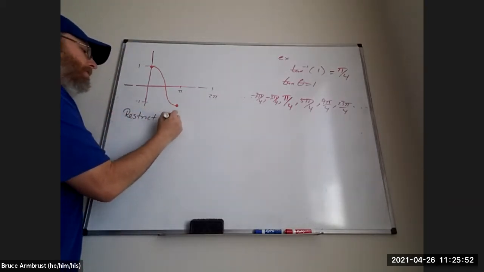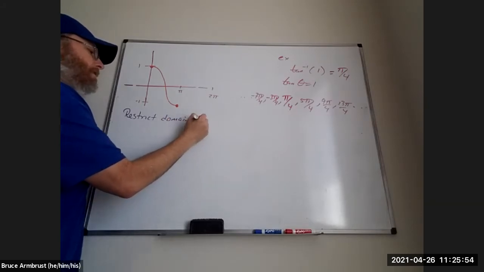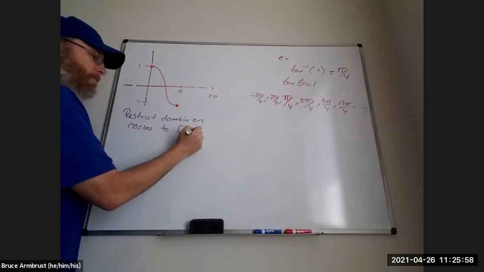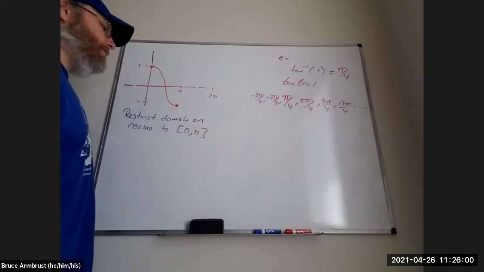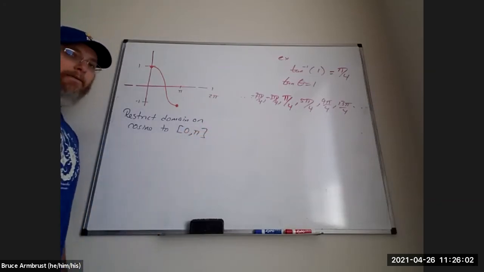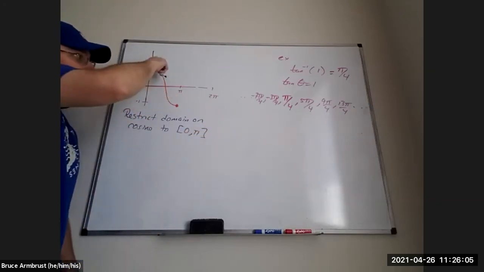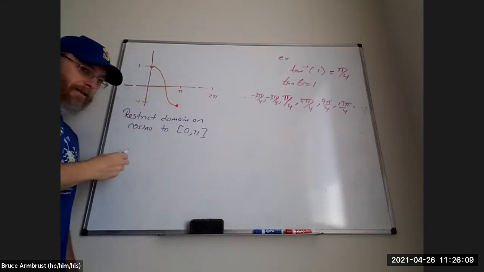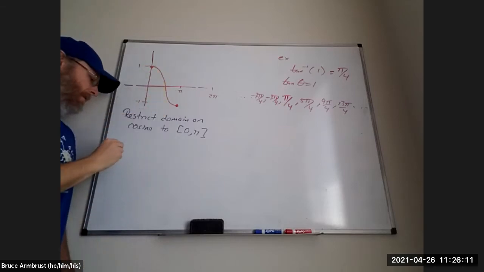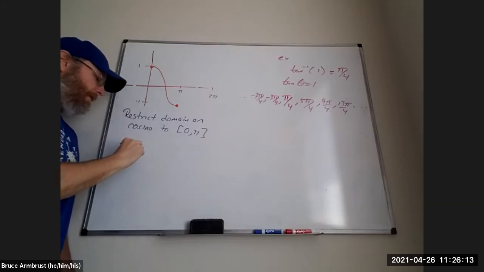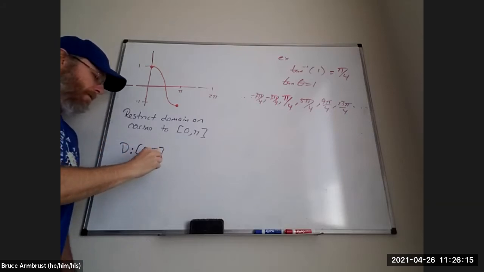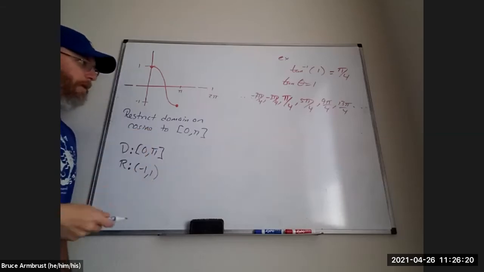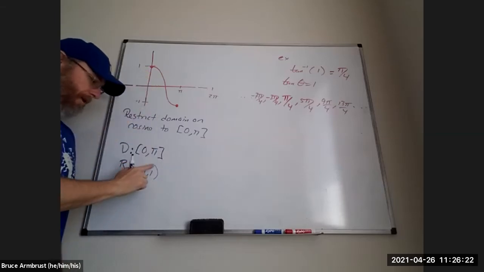Okay, so we're going to restrict the domain on cosine. We're going to restrict it to 0 to pi. So this new thing, whatever you want to call it, a piece of cosine, is such that its domain is 0 to pi, and its range is still -1 to 1, including -1 and 1.